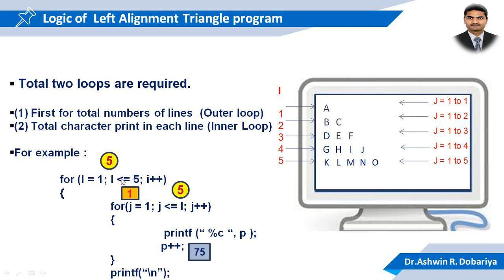If i becomes 5, the last time this condition becomes true, then the inner loop will execute 5 times and it starts from 75, 75 means K, then in that way this loop will execute 5 times and display the characters.